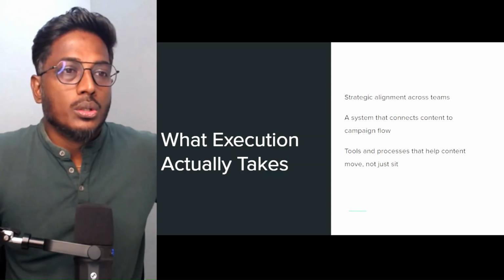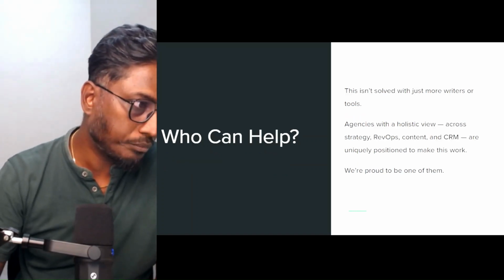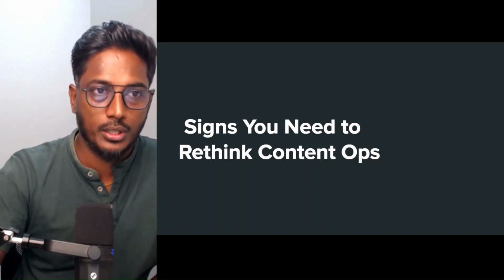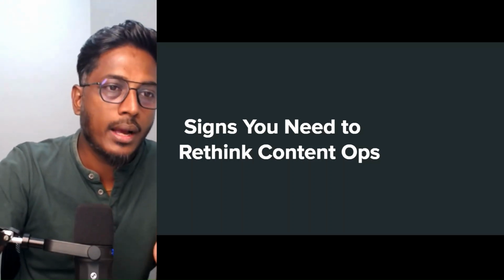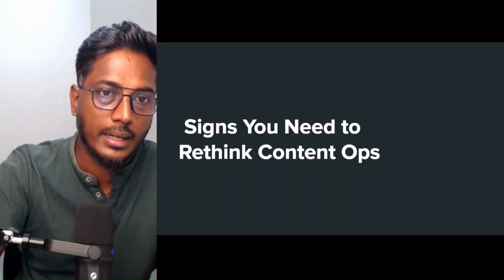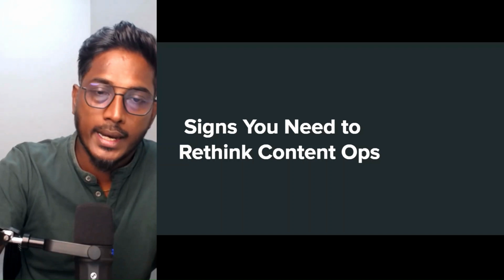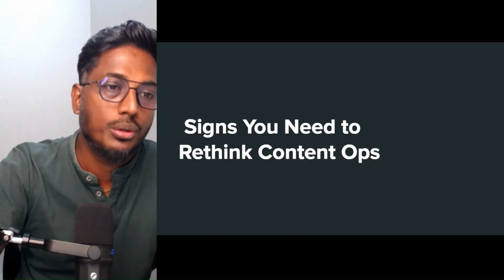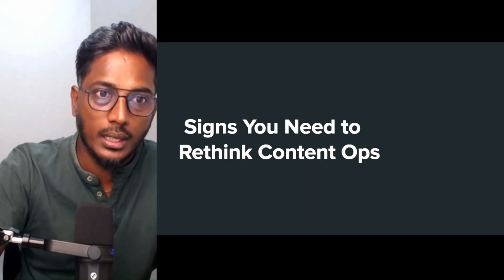All right, that's about it. And now let's talk about the signs you need to rethink the content operations. So to be very frank, no one hits the pause button mid quarter to reflect on their content operations. But one way or the other, over time the cracks start to show. You realize that there is friction happening, and you see the delays.